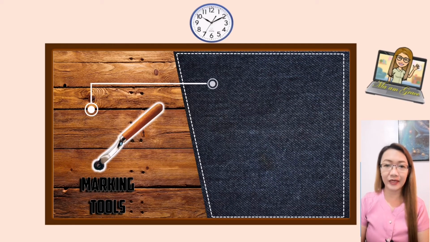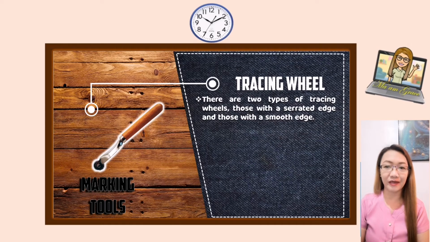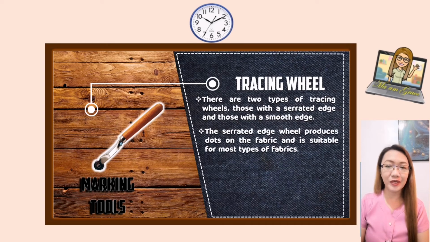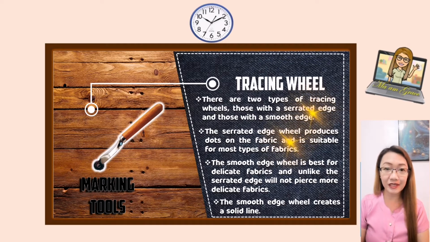Next is the tracing wheel. There are two types of tracing wheel: those with a serrated edge and those with a smooth edge. The serrated edge tracing wheel produces dots on the fabric.